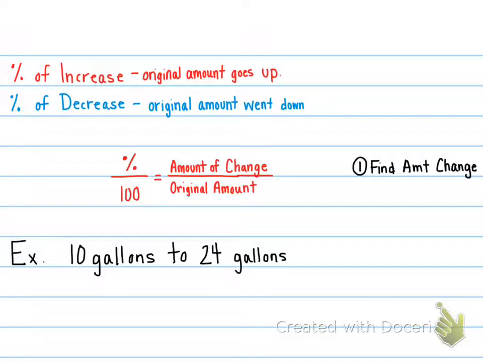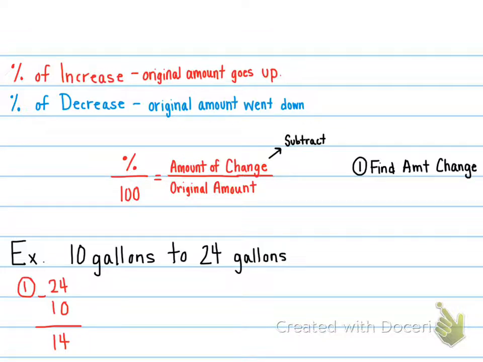Every time you're finding the amount of change, you are going to subtract the two numbers to make sure that you know exactly the amount that it changes. So step 1, I'm going to do 24 minus 10. Now I know we can do this one in our head, but sometimes you won't be able to. And it's good to show the steps in your notes. So my amount of change is 14.